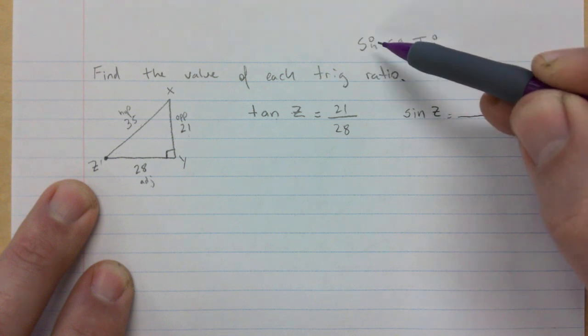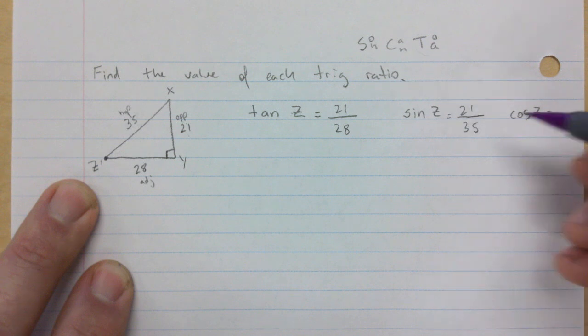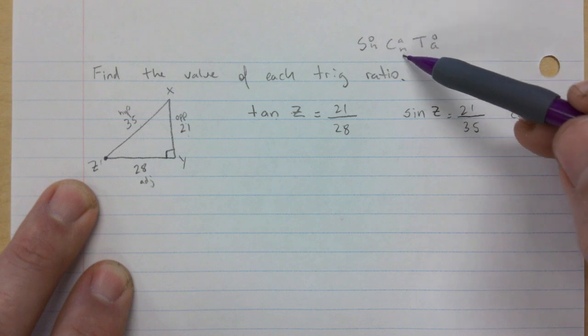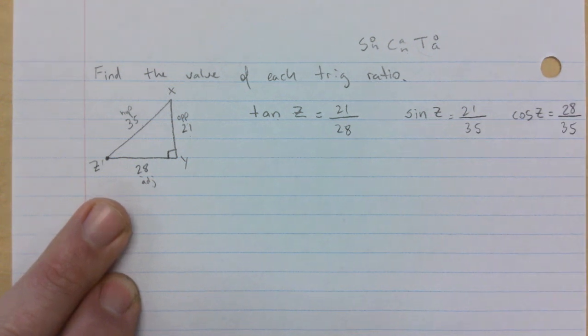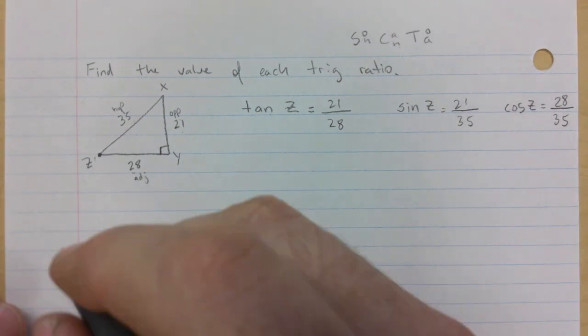Opposite over hypotenuse. So opposite is 21, hypotenuse is 35. Cosine is CAH, right? Adjacent over hypotenuse. Adjacent is 28, hypotenuse is 35. Boom, you're done. Okay. Let's do another one.